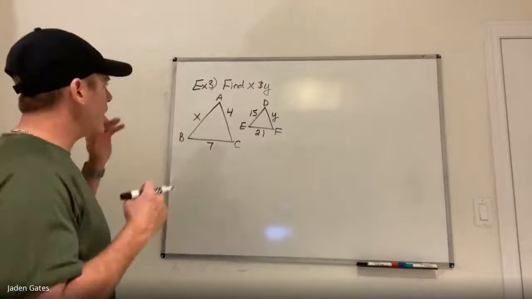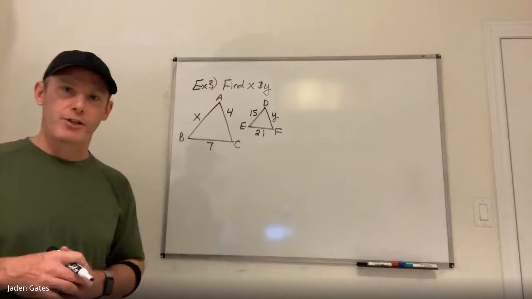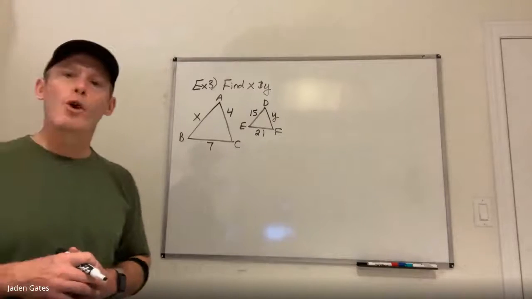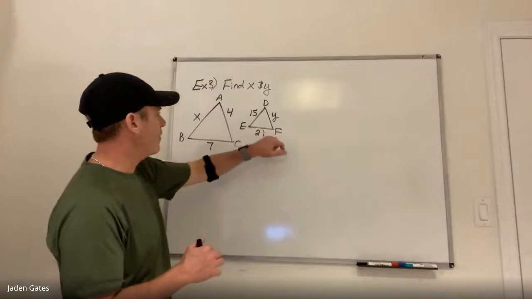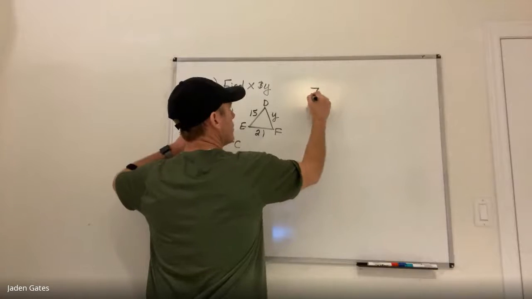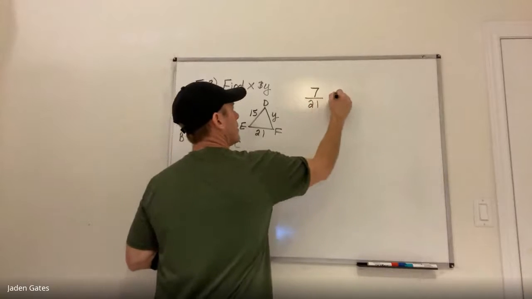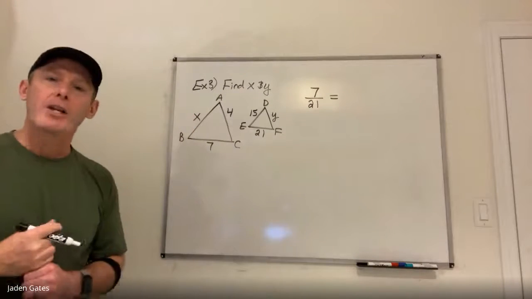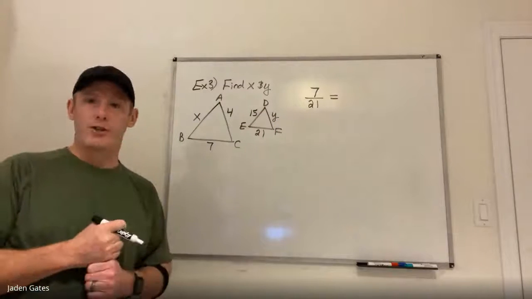What I need here is to know the ratio of matching sides. There is one side where I know both lengths, and that's from B to C and E to F. So I'm going to have my triangle on the left on the top for my ratio, divided by the triangle on the bottom. Now, because they're similar, that ratio is equal to all the ratios of the matching sides.